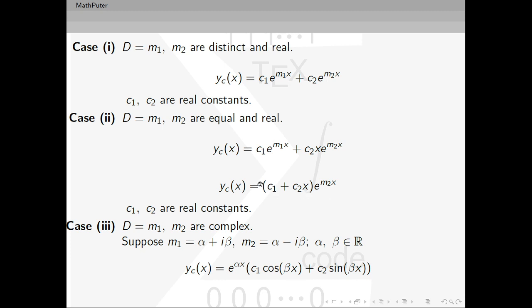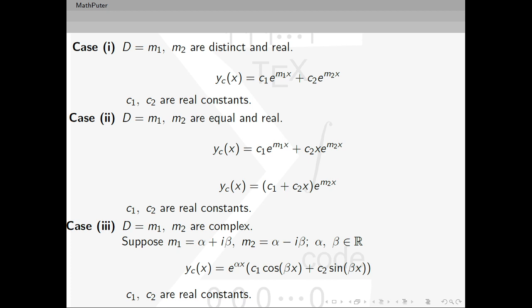In the next example, this case will be more clear. For complex roots, y(x) is e raised to alpha x, so the real part becomes the power of the exponential, and the imaginary part is in the trigonometric function, c1 cos beta x plus c2 sin beta x. In all these three cases, c1 and c2 are real constants.